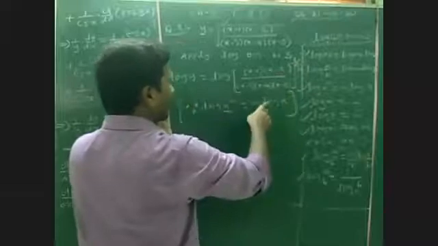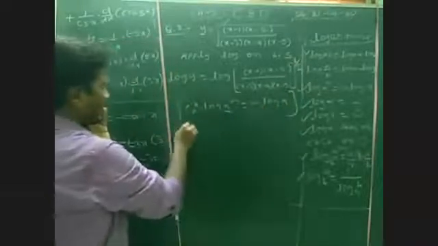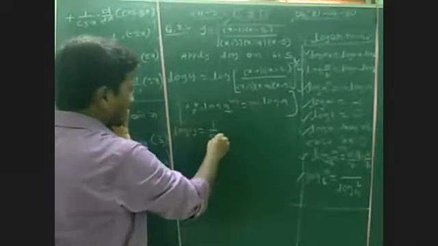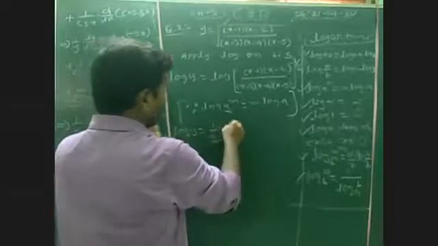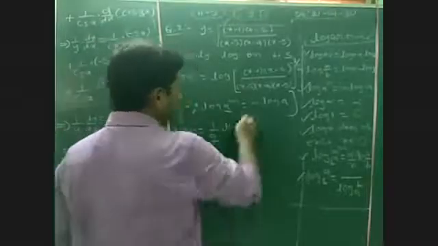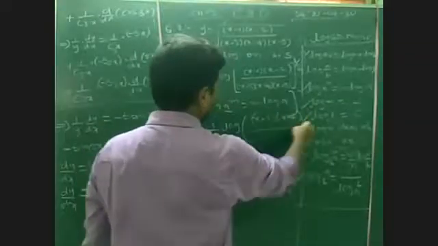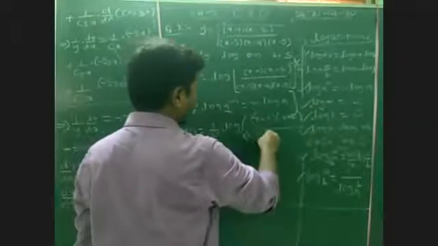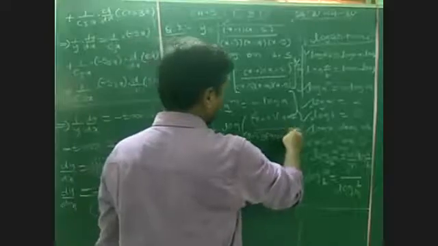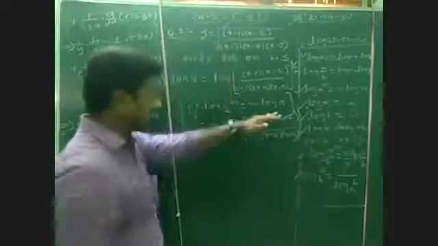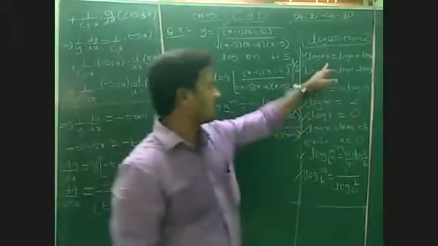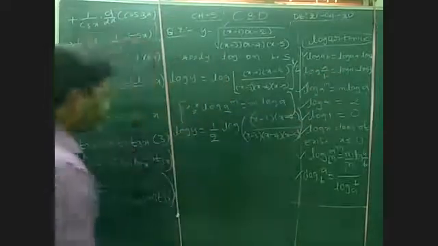Power 1 by 2. Applying this formula, log y can be written as 1 by 2 of log of x minus 1, x minus 2 by x minus 3, 4, 5. Again, this is the same as log a by b.